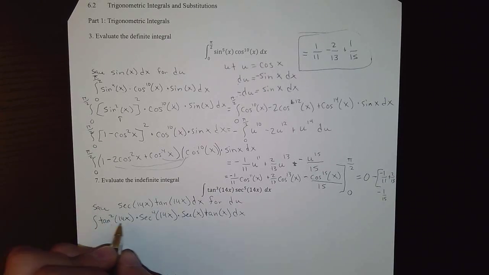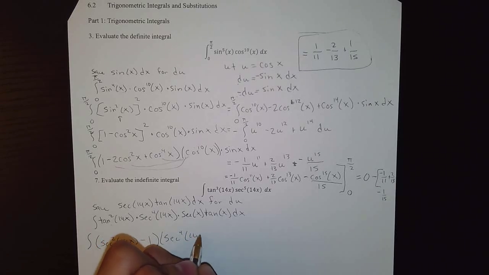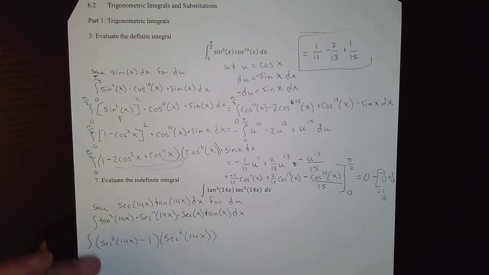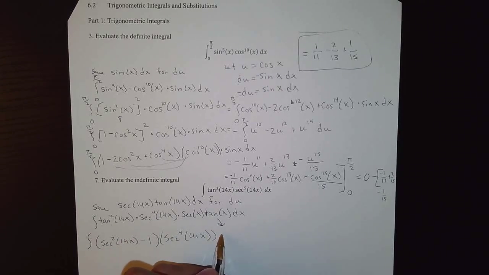What that's telling us is that we have to convert all of the tangents into secants. And so tangent squared of 14x is really secant squared of 14x minus 1. I replace tangent squared with secant squared 14x minus 1, and then I'll multiply by secant to the 4th power of 14x. My du still comes down here.